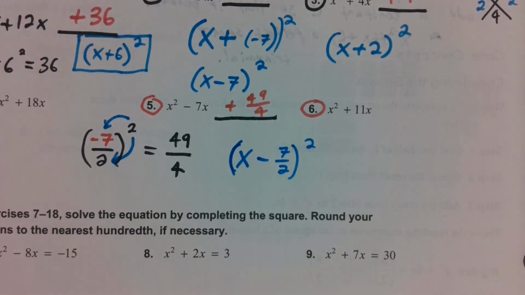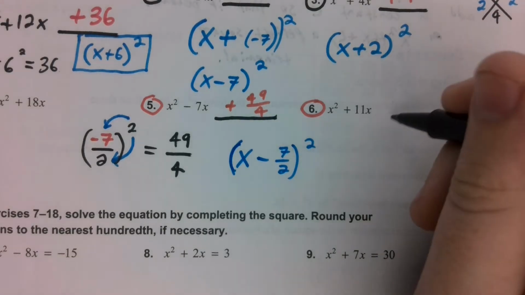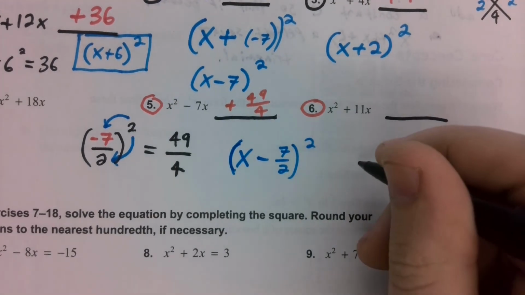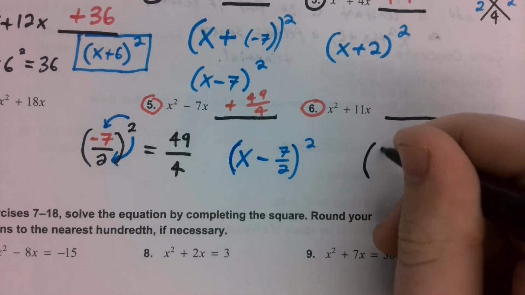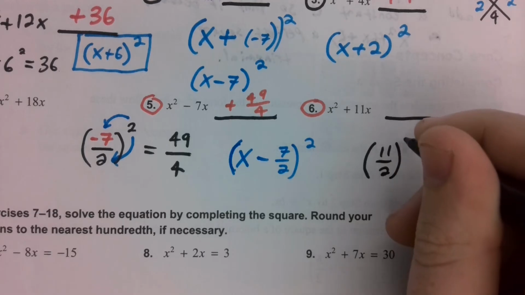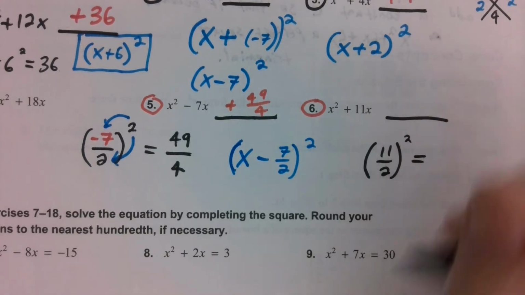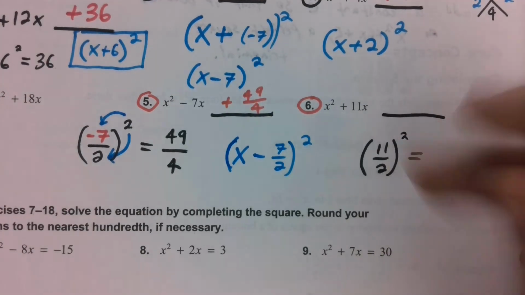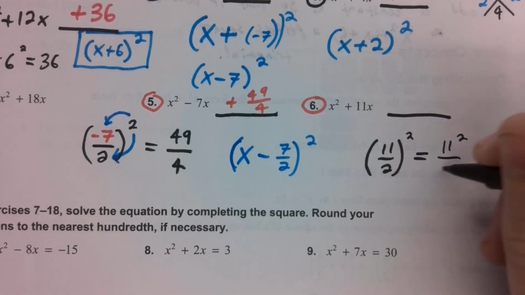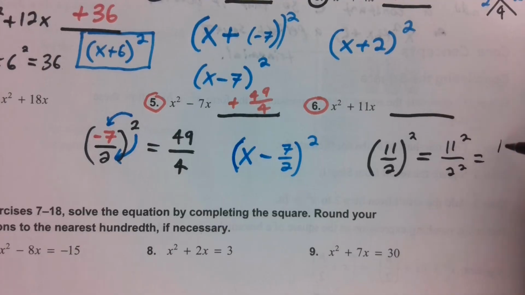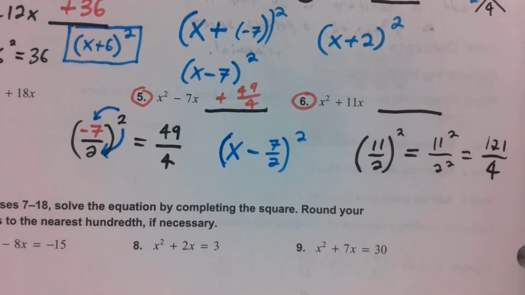For number 6, we're going to similarly solve it, and it's similarly going to be a little bit tough because if we take our 1/2 of b, we end up with 11/2 squared. Again, we can just interpret it as 11 squared over 2 squared. Well, 11 squared is 121, 2 squared is 4.